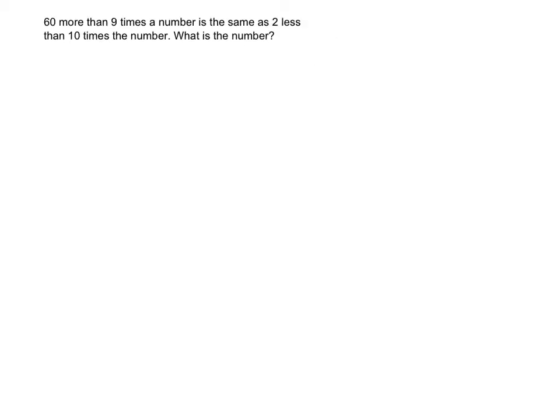Okay, let's look at some more. Read this one a little bit, and you'll see that it's similar to the other one, asking about numbers. Now we have to figure out what the question is, which is, what is the number? And we have to take the English and translate it into mathematics. What we see is 60 more than 9 times a number. We'll begin by letting n equal the number.